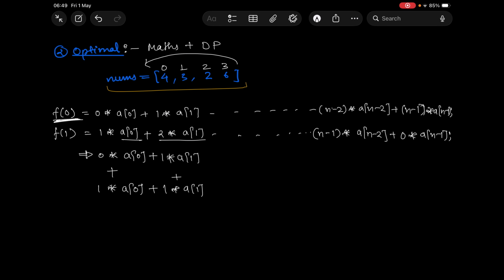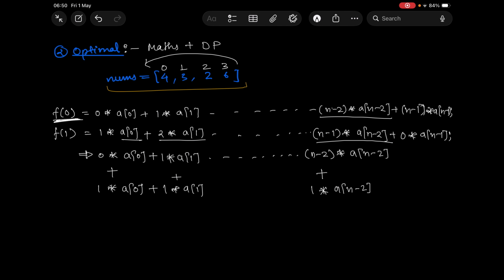Similarly, if we write it in terms of f of 0, it is n minus 2 into this, right? So we will write n minus 2 into array of n minus 2. But in f of 1 this is n minus 1 into n minus 2, which is one time extra, right? Here we have written only n minus 2, which means there is one extra of n minus 2 as well.